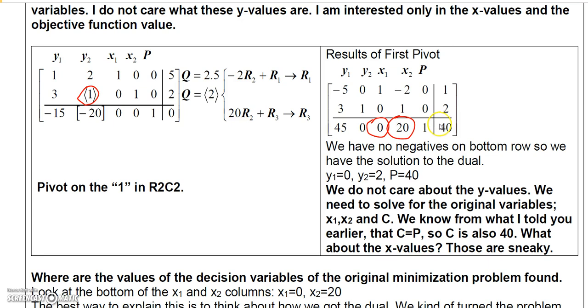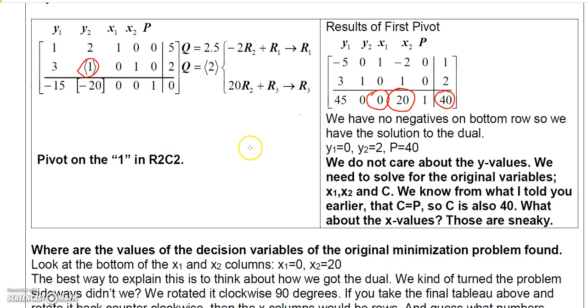And then, since this problem has the same optimal solution as the original problem, the optimal solution for this problem would be p equals 40. But since the original problem has the same answer, then we can say that c must equal 40 in the original minimization problem. So to make a long story short, to solve this problem, you look at the bottom of the x1 column and the x2 column to get the solution for the original decision variables in the minimization problem.